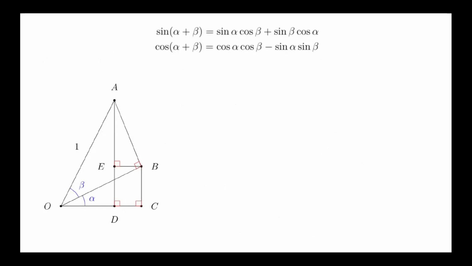Okay, so now let's talk about the addition and subtraction identities for sine and cosine. First we'll go over a complex number proof using some of the things from the complex numbers handout.